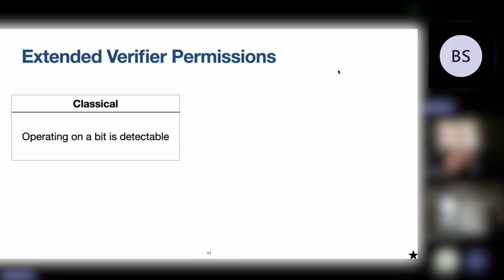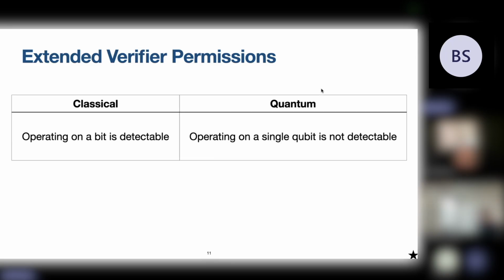And then there's a very important thing I want to talk about. This issue doesn't exist in the classical IOP setup, but for quantum it's worth thinking about the difference. Classically, operating on a bit is detectable.